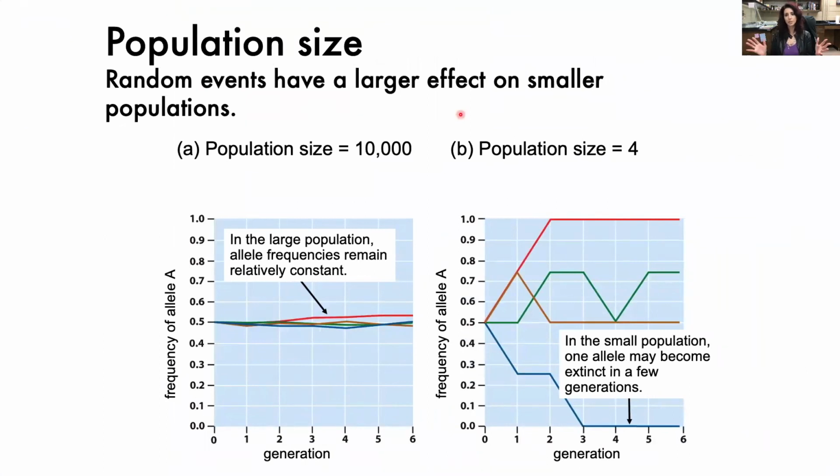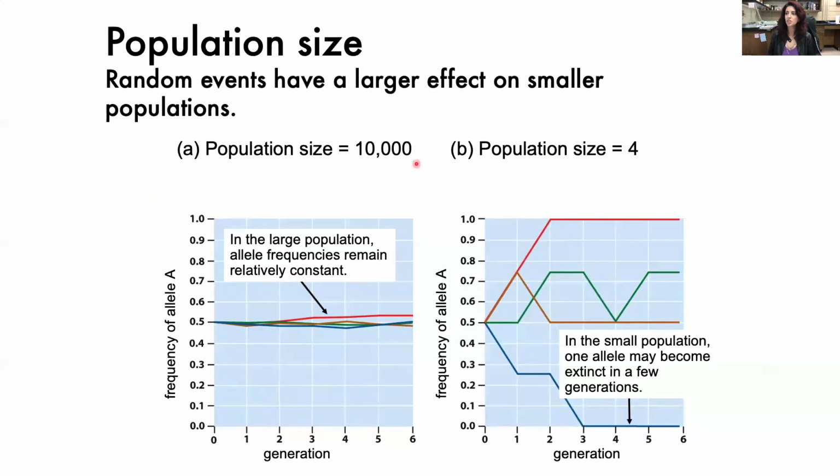So the concluding story about all of this is that population size matters, and it matters a whole lot. These random events will have a larger effect on a smaller population size. So taking a look at this chart here, we have generation going from generation 0 on the left all the way to generation 6, and a hypothetical population on the right. And then we have frequency of a dominant allele here.